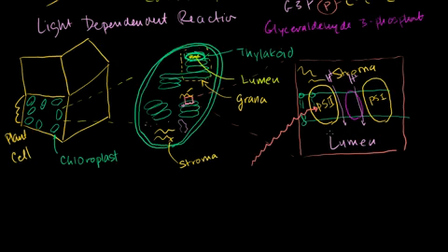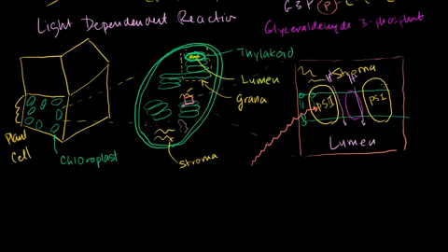But in either case, you're creating this gradient where, because of the energy from essentially the photons, the electrons enter a high energy state. They keep going into a lower energy state, and then they go to photosystem 1, and then they get hit by another photon. That's a simplification, but that's what you can think of it. They enter another high energy state, then go to lower, lower, lower energy states.